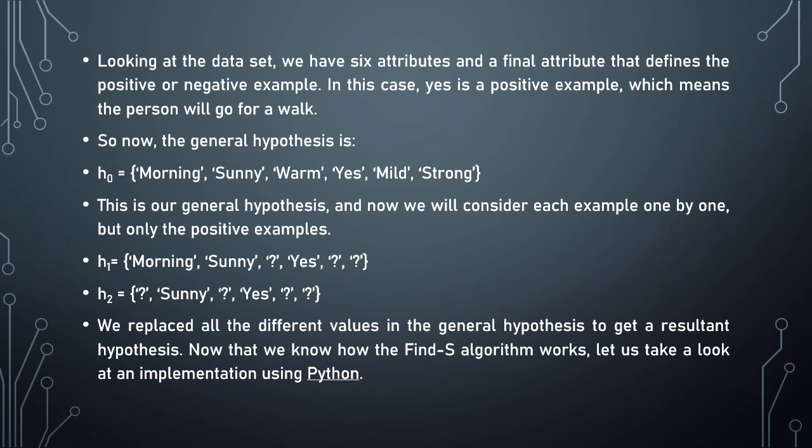Morning, morning, same; sunny, sunny, same; warm, which is different, so we will replace it with a question mark. Like this, we will replace all the different values in the general hypothesis to get the resultant hypothesis. That is how the Find-S algorithm works.